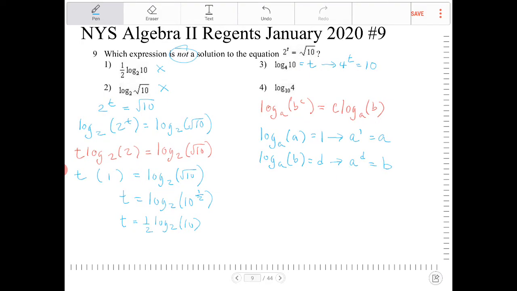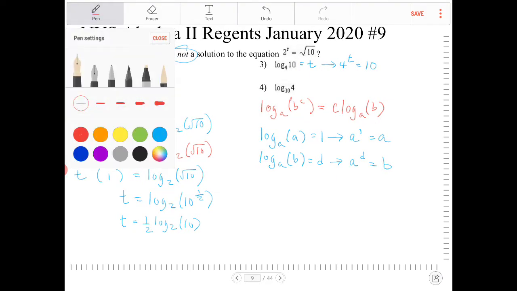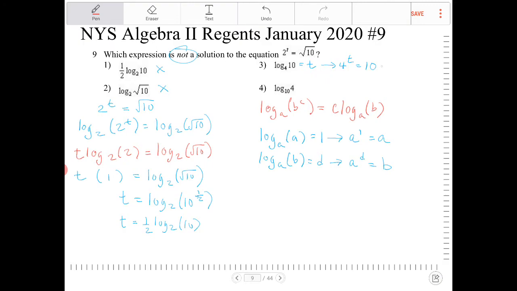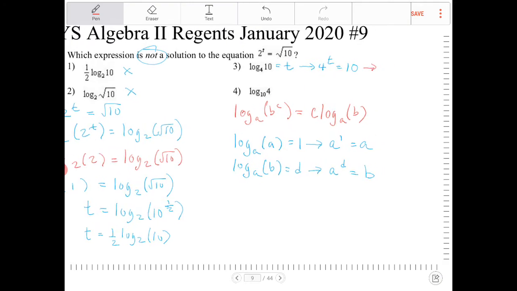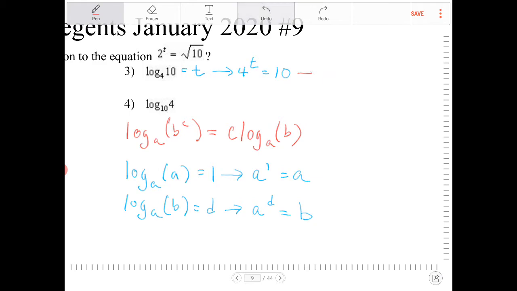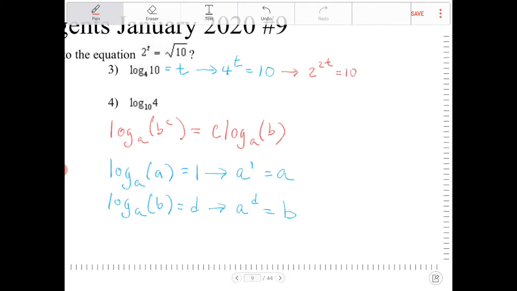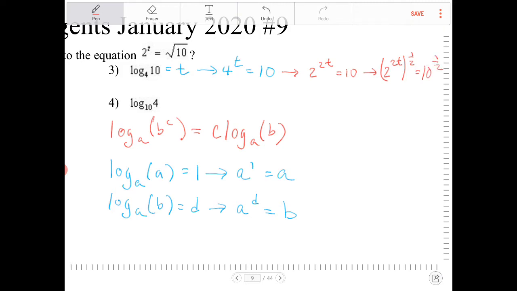Looking at this rewrite, 4 to the power of t is equal to 10, I can then turn it into 2 to the power of 2t is equal to 10. If I raise both sides to the power of 1/2, this will be 2 to the power of 2t to the 1/2 is equal to 10 to the 1/2.